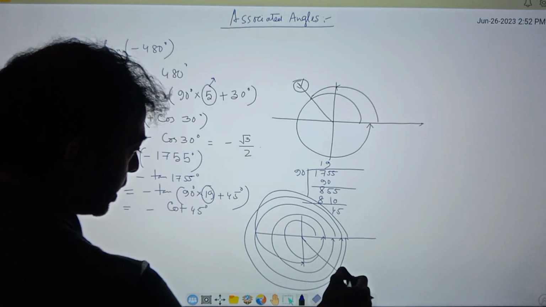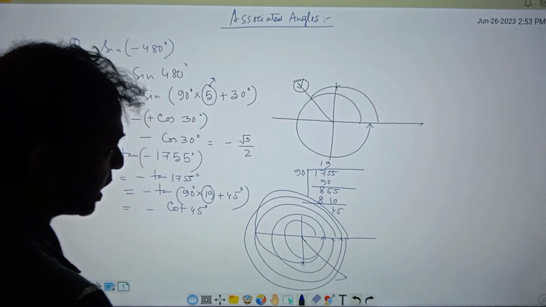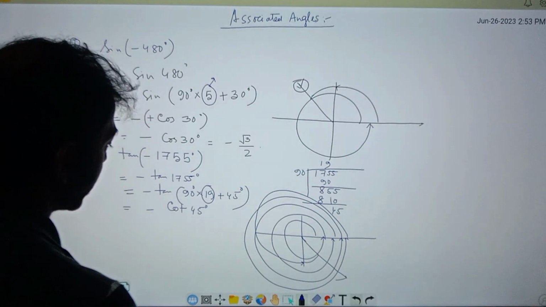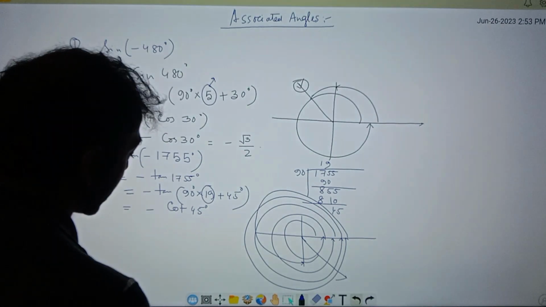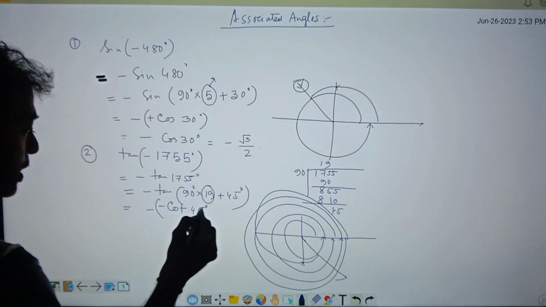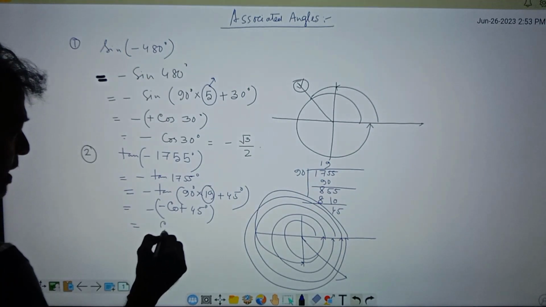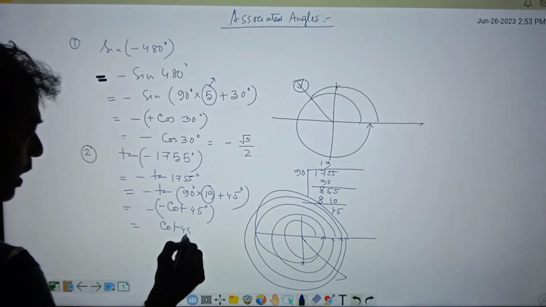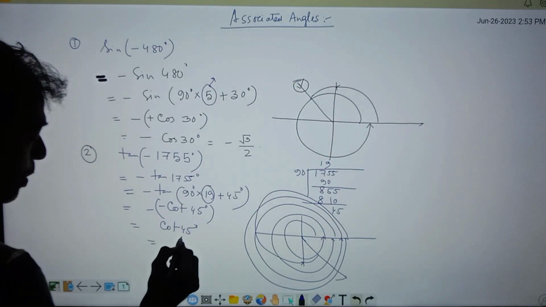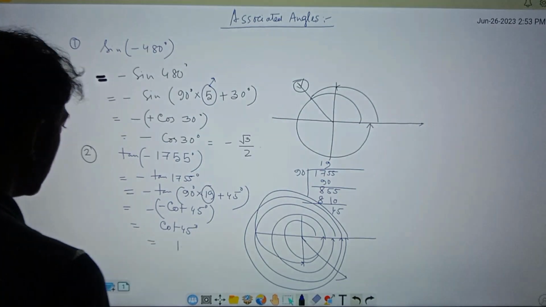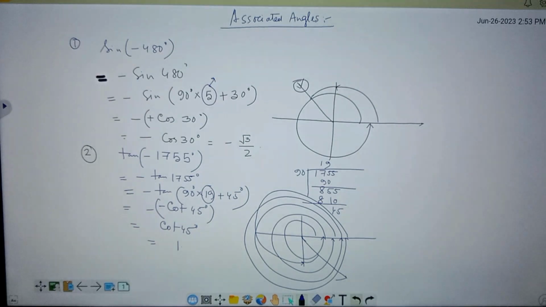So the ray is lying in the fourth quadrant, and in the fourth quadrant tan is always negative. So the result will be minus of minus cot 45 degree. Minus minus is plus, that is cot 45 degree. We know that the value of cot 45 is always equal to 1. Hence the answer will be 1.